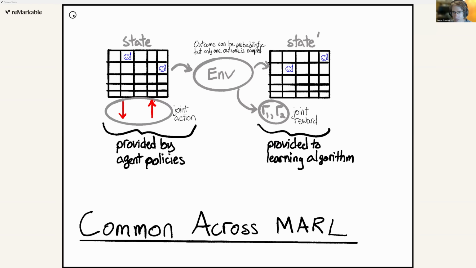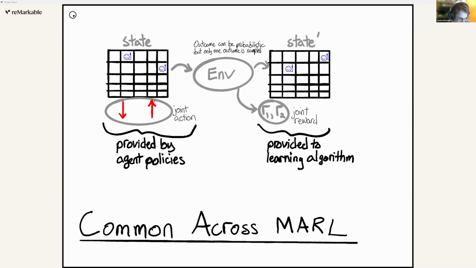So then this information about the transition, including the reward, is going to go into the learning algorithm. And this is going to apply to any of the learning algorithms we talk about, even the tabular techniques and the approximation techniques. They're all going to have to learn from this information about the transition. And the environment could have a transition which is probabilistic.